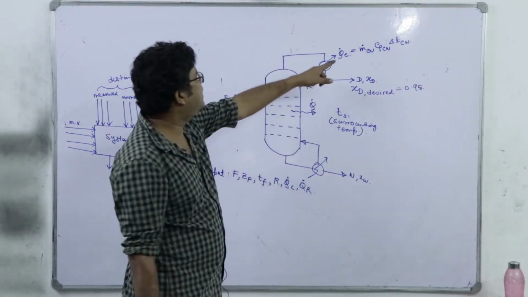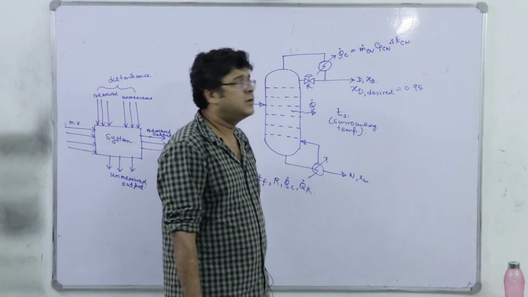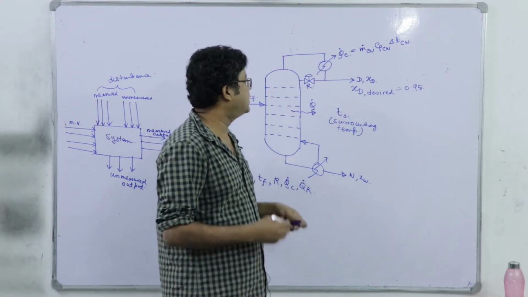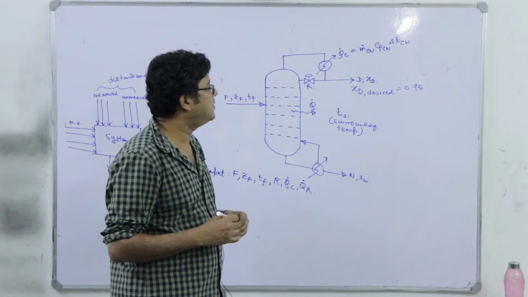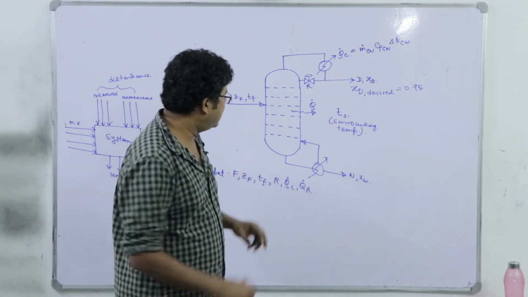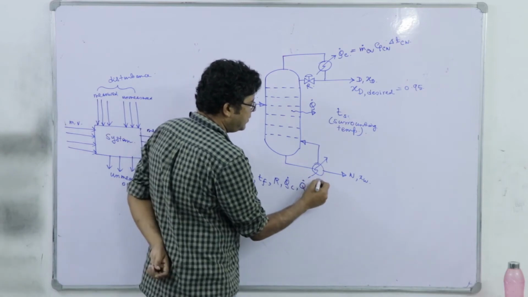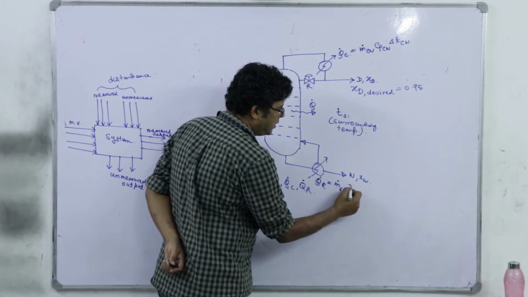As we can change this m dot CW, we can alter this Q dot C. Cpw and delta Tcw, let us say, are constant, and here also this Q dot R is equal to m dot steam into lambda steam.